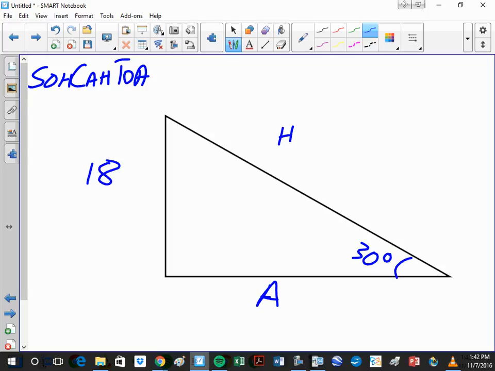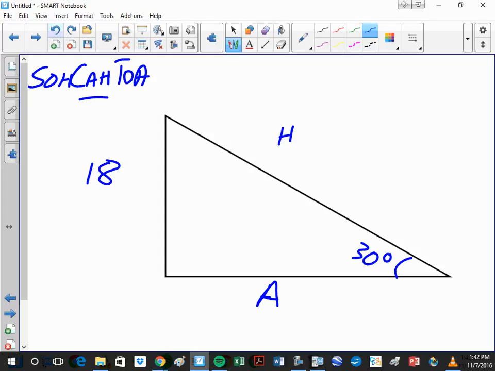And when you pick your trig ratio, you have to pick one that uses a side that we do know. So in this case, you can't pick cosine. Cosine would be adjacent over hypotenuse, and I don't know either the hypotenuse or the adjacent, so cosine doesn't do us any good at this point.